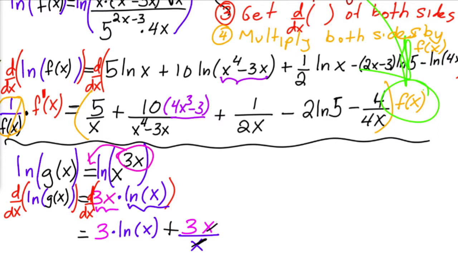Okay. And then on the left side, I'm going to have 1 over g of x times the derivative of g, or g prime. And then last but not least, step 4, multiply both sides by g of x.